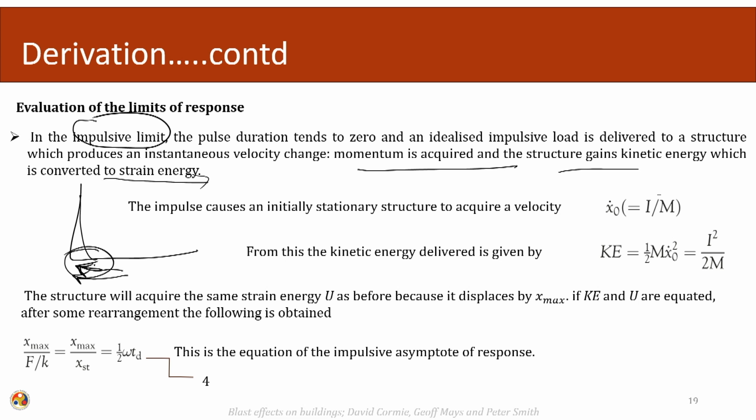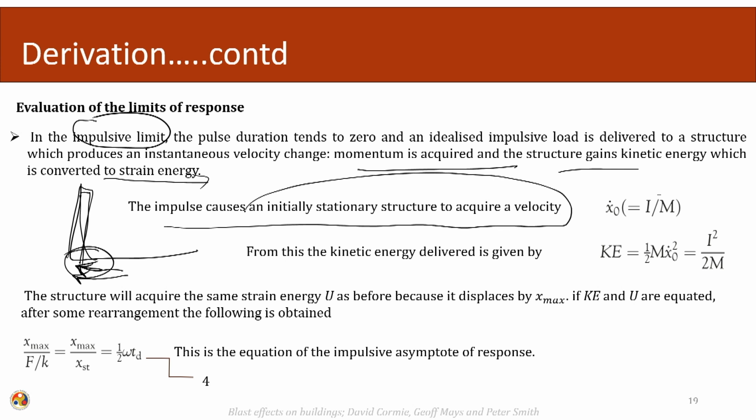As it becomes shorter and shorter, this can be idealized using an impulsive curve. This impulse causes an initially stationary structure to acquire a velocity, and from this the kinetic energy imparted to the system is given by this equation.